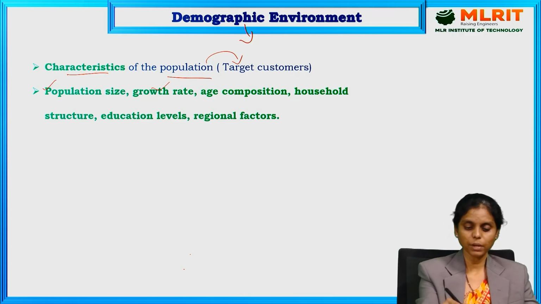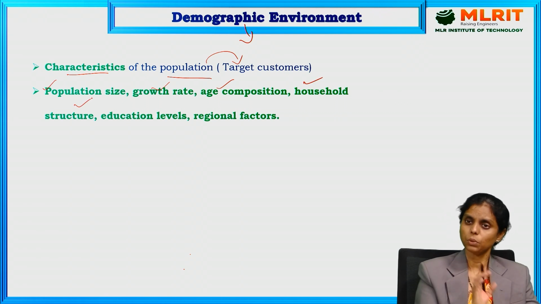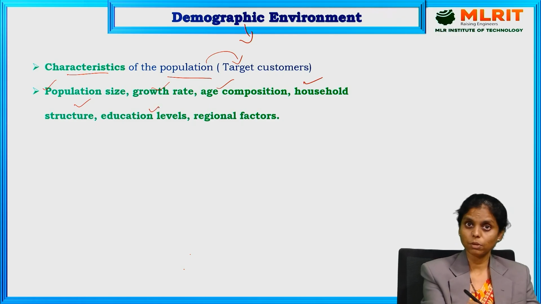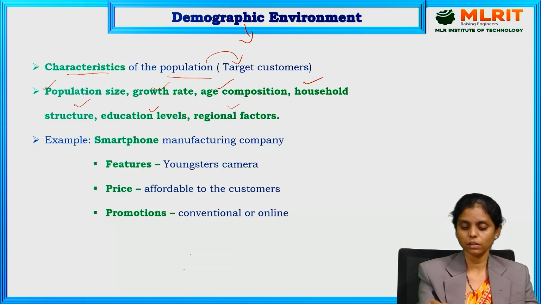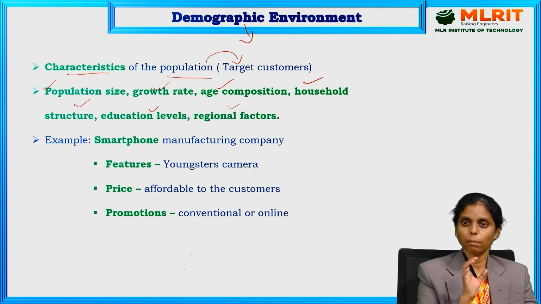And at the same time, age composition. What are the different ages of people available in that area? Household structure, that is nuclear families or combined families, education levels of the people, regional factors, etc. So these are the various demographic factors of individuals who are our target customers, our target market.